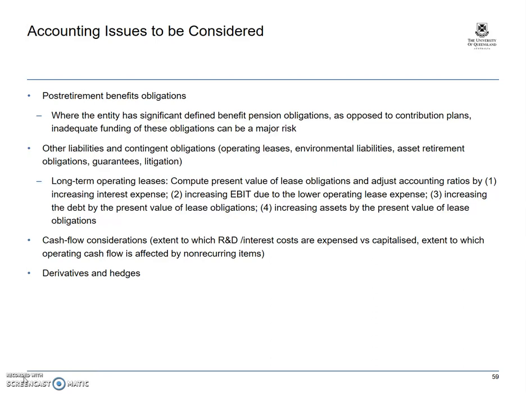So are there any environmental liabilities? Do they have to remediate mines? Do they have to remediate a factory site that they've been operating on? What kind of leases are out there? Have they guaranteed anything? If you can drill into these kinds of details, you'll have more confidence in your analysis.